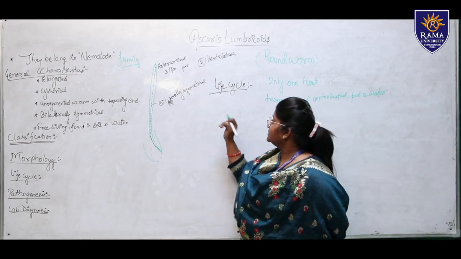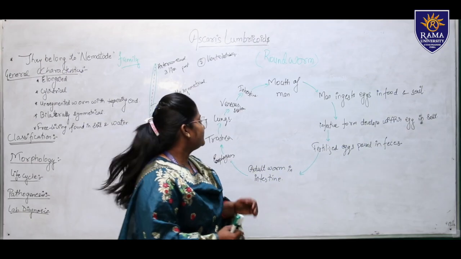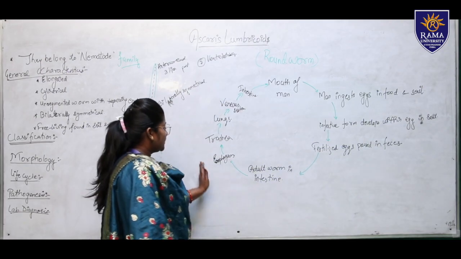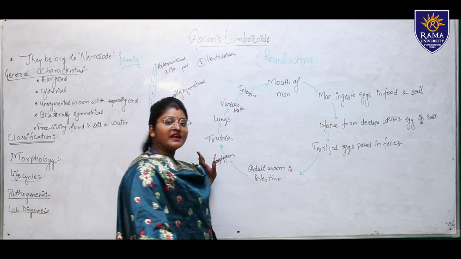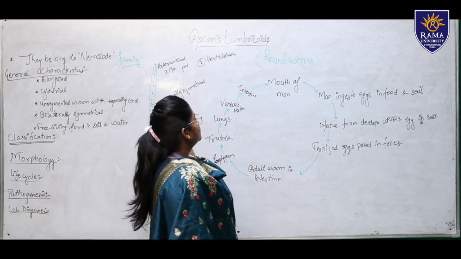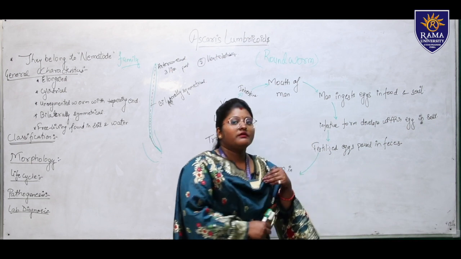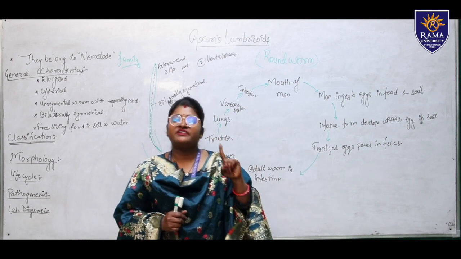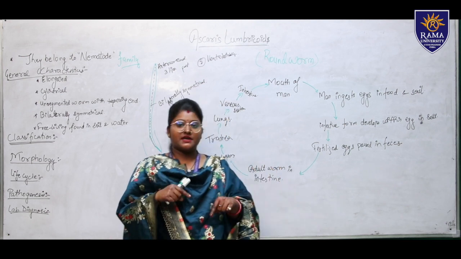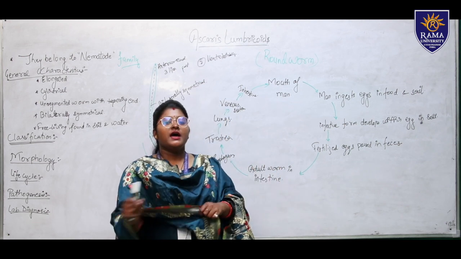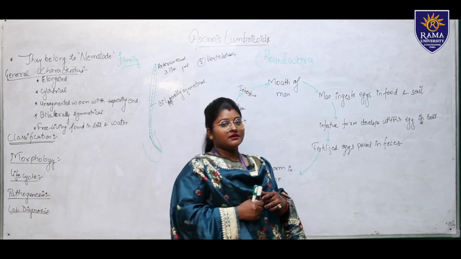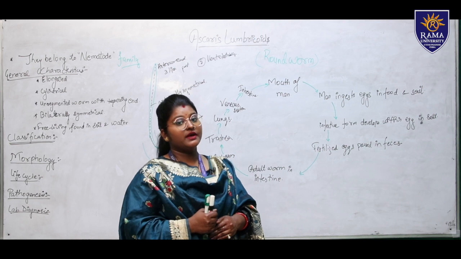Now let's talk about the life cycle. Before starting, I would like to recall this. This is basically the life cycle of the parasite. As I already told you, this parasite has only one host. The entire life cycle is completed in one host, and the infection can develop through contaminated food and water.